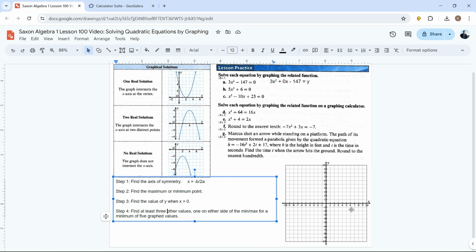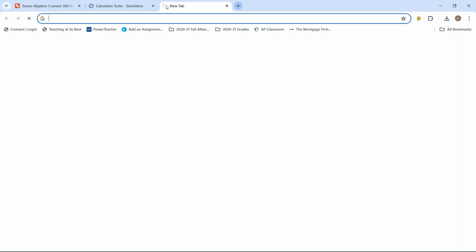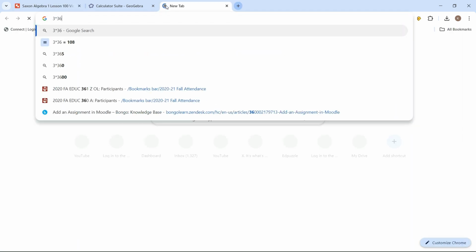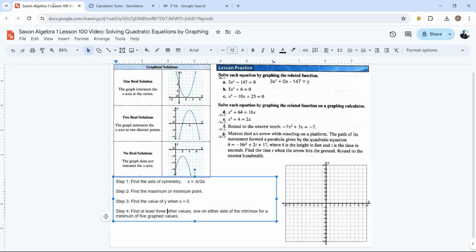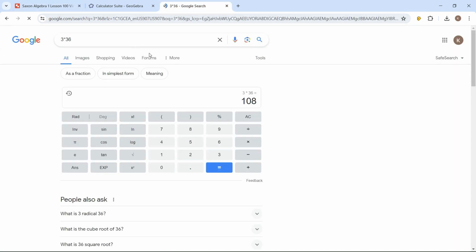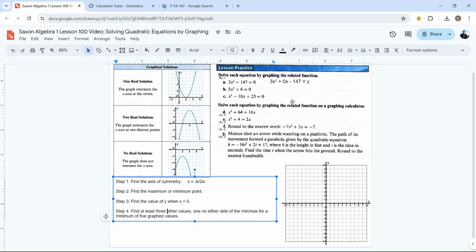6 squared is 36. 3 times 36 is 108. Let me just double check that to make sure. But I think 3 times 36 is 108. Yes. Okay. And then 108 minus 147, that's going to give me negative 39. Okay, let's try 7. Wait a second.